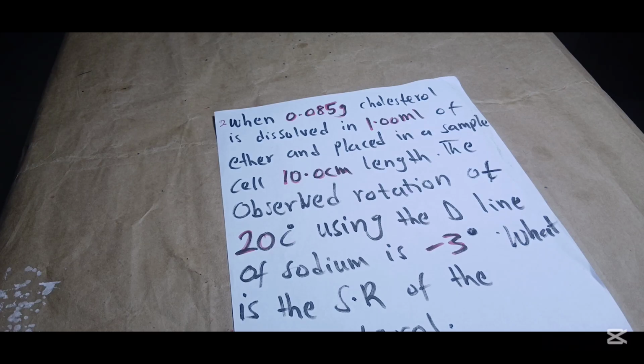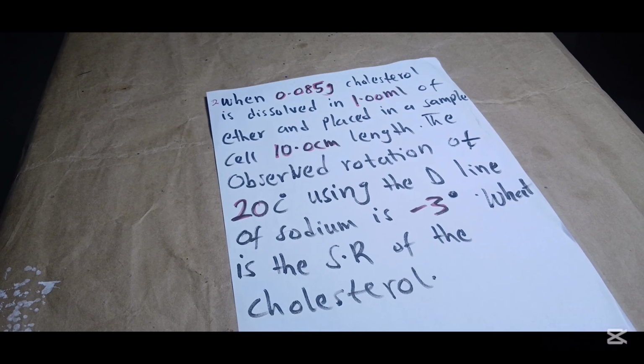When 0.085 gram of cholesterol is dissolved in 1.00 ml of ether and placed in a sample cell of 10.0 centimeter length, the observed rotation at 20 degrees Celsius using the D line of sodium is minus 3. What is the specific rotation of the cholesterol?